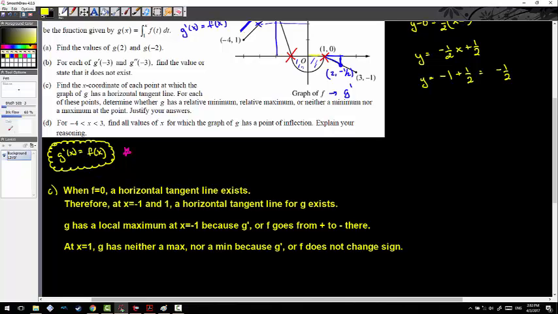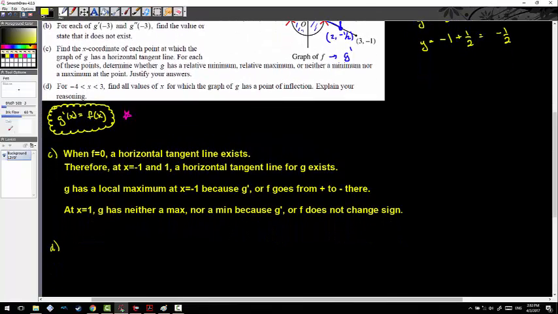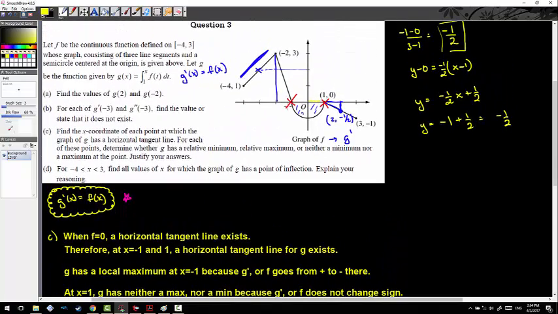All right, let's end off with part D. Part D is another explanation problem. It says, between -4 and 3, find all values for x at which G has a point of inflection. Explain your reasoning. Well, let's take a look at the graph of f, which is G prime. If I'm going to find points of inflection, I need G double prime or f prime, right?